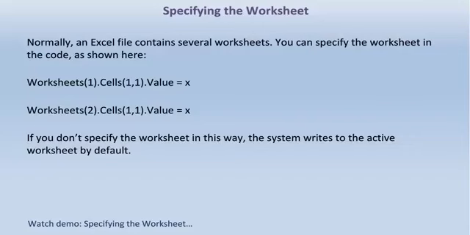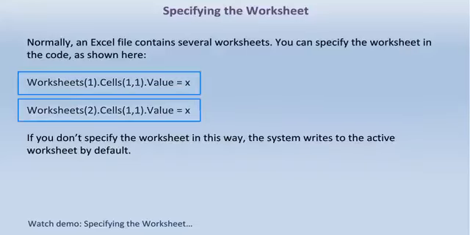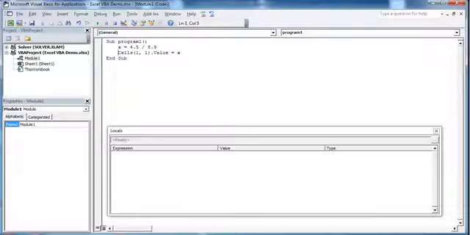Specifying the worksheet. Normally, an Excel file contains several worksheets. You can specify the worksheet in the code, as shown here. If you don't specify the worksheet in this way, the system writes to the active worksheet by default.